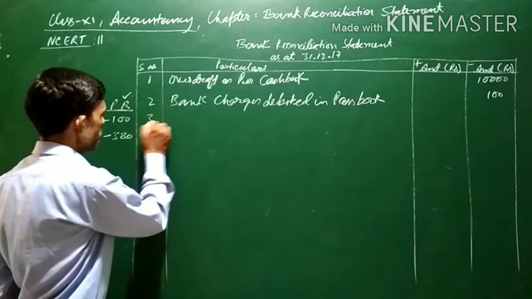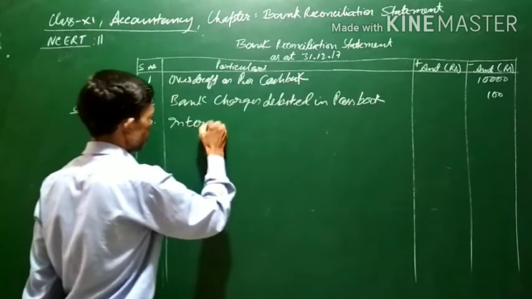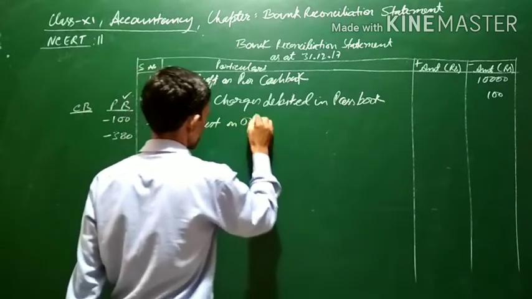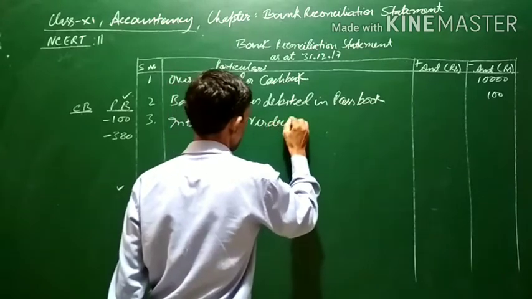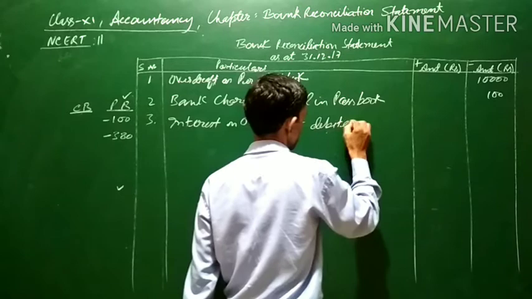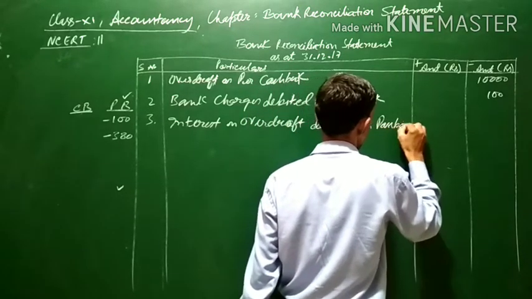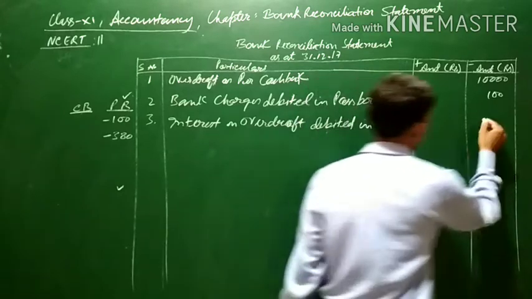So the third statement will be: interest on overdraft debited in passbook, 380.